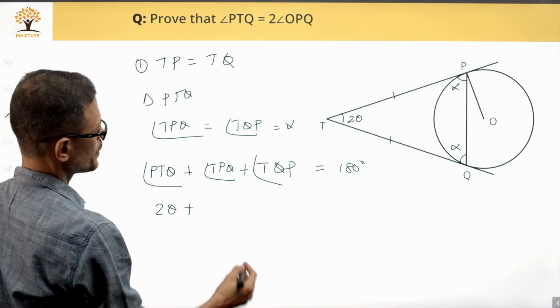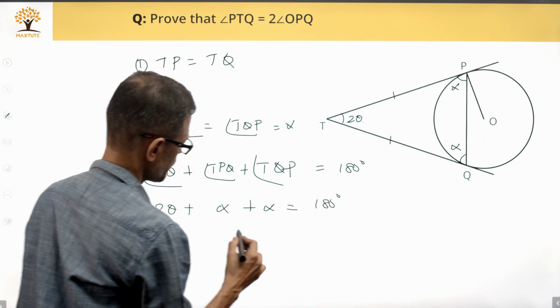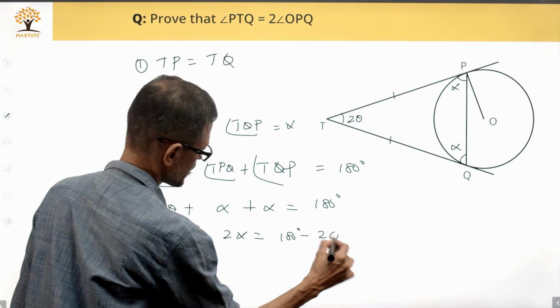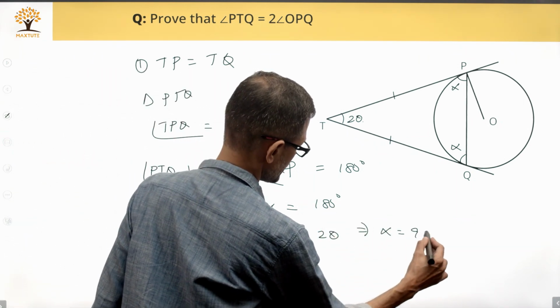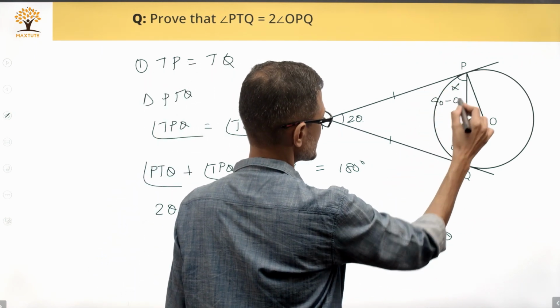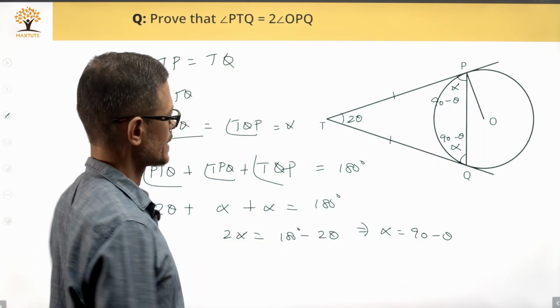Each of TPQ and TQP are alpha each. So 2 theta plus alpha plus alpha is equal to 180 degrees. 2 alpha is equal to 180 degrees minus 2 theta. Divide the entire equation by 2. So it will leave us with alpha equal to 90 minus theta. So henceforth we will not write it as alpha, we will just replace it with 90 minus theta. Both these angles are 90 minus theta.